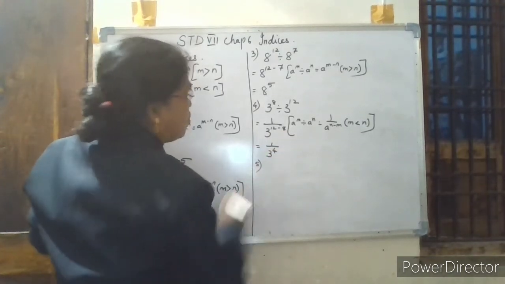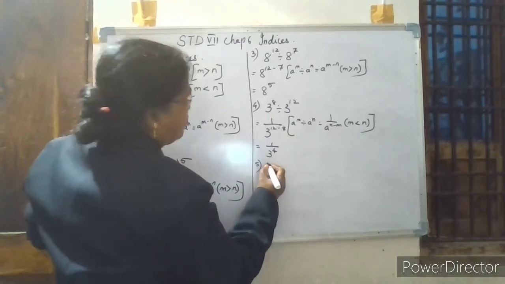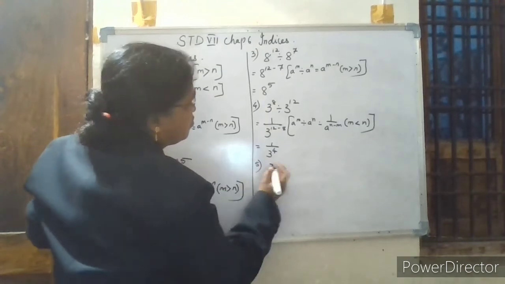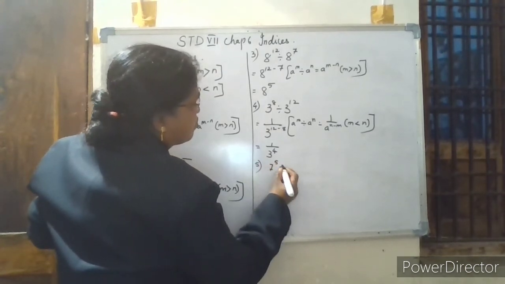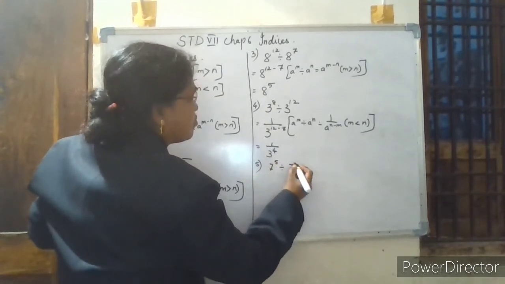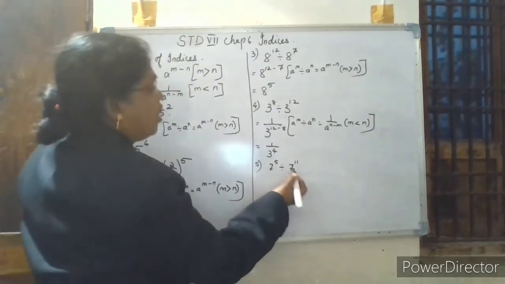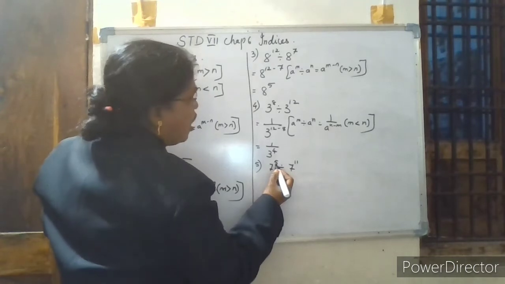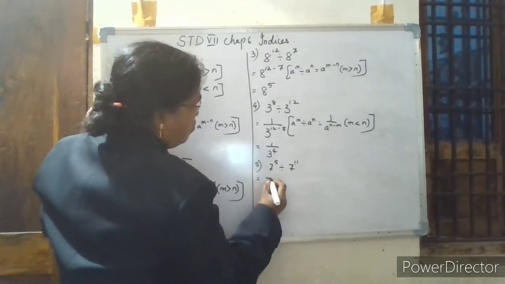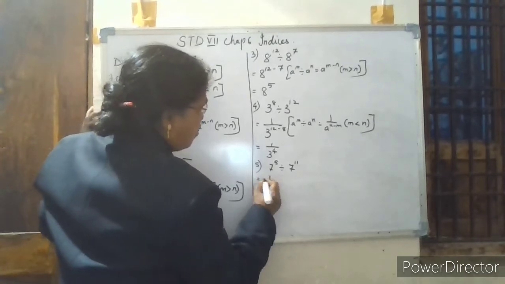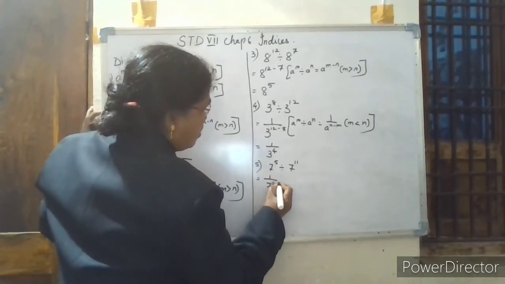Fifth example. Again here m is smaller here. So this is equal to 1 by 7 raised to 11 minus 5.